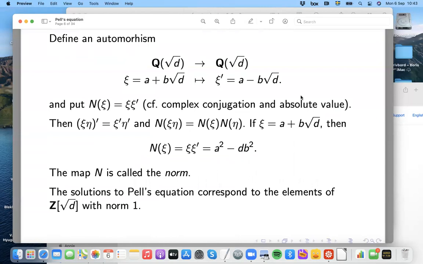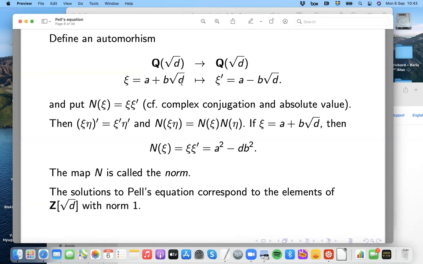Okay, now we'll be reinterpreting solutions of Pell's equation in terms of this ring. Once again, we're looking at Q of the square root of d, which means numbers which are a rational number a plus a rational number b times the square root of d.